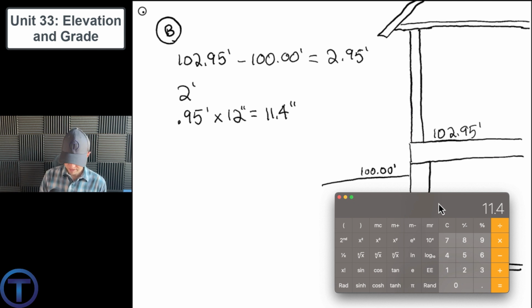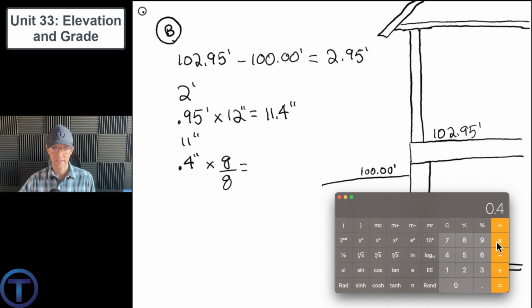Then we can save that 11 inches, right? And maybe we convert this last fraction of an inch. We got 0.4 times 8 over 8. 0.4 times 8 is going to give us 3.2. Let's just round up. We'll call it 3/8 of an inch.